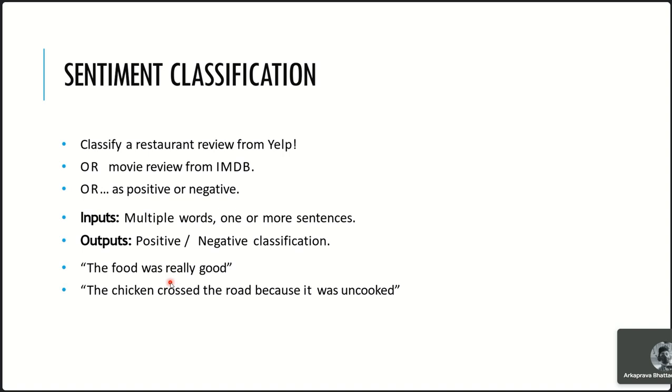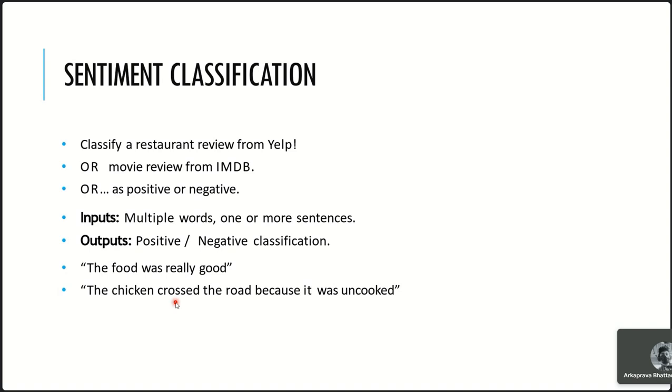Okay, fine. Then the next sentence is: the chicken crossed the road because it was uncooked. Now, can any of you infer if it is a positive or a negative class? It seems negative, ma'am. Okay, the reason being it was uncooked.